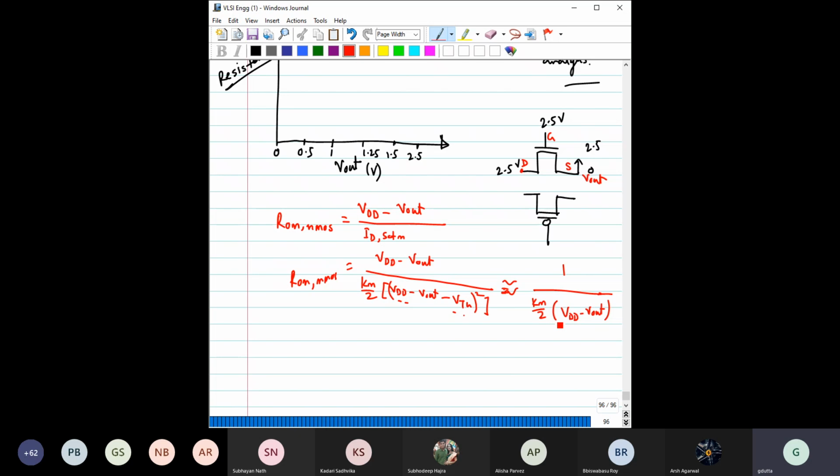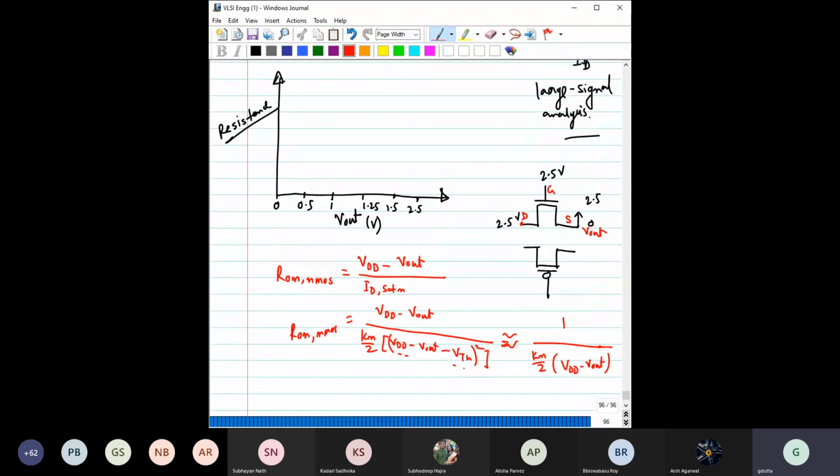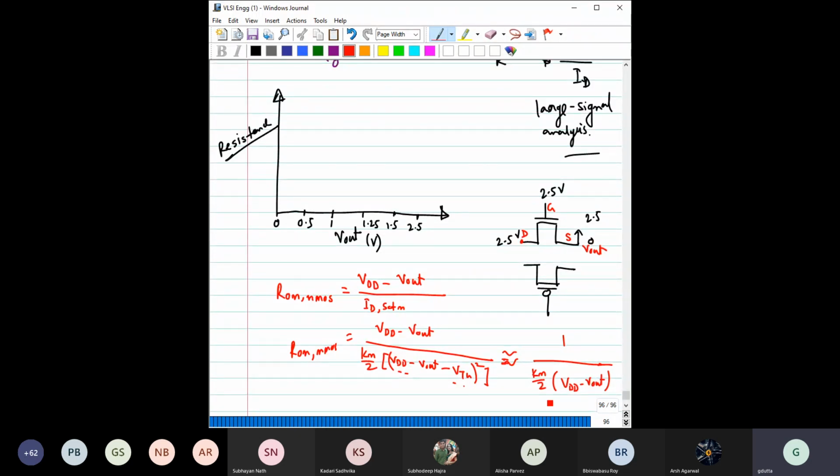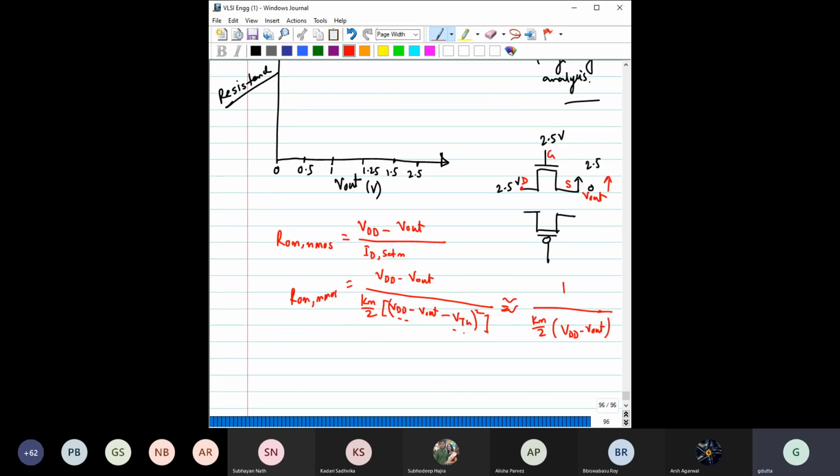If you actually plot this, what you will see is that when V out is equal to 0, the resistance is like 1 by Kn, right? And when you increase this V out, meaning it has started charging, this voltage is starting to build up, then what is happening to this value? This value is actually reducing, right? Earlier you have this 1 by this total V. Let me comment it like this: what will happen to the value of this if V out rises?